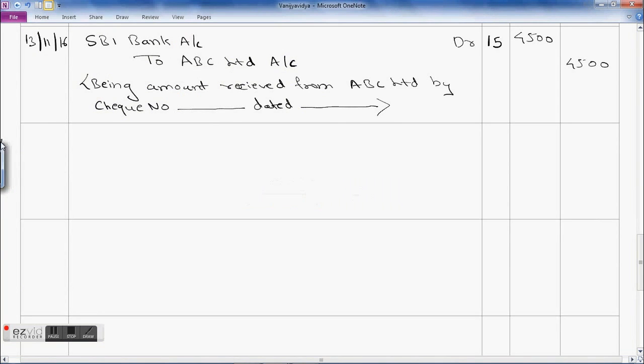15/11/2016. GW, what is the name of the company?